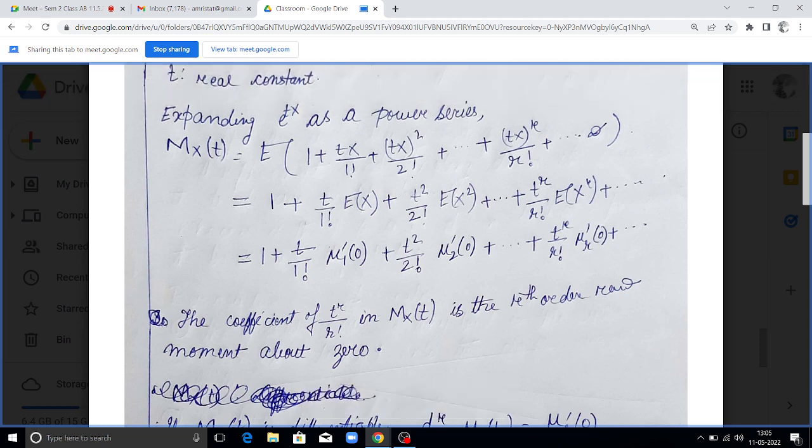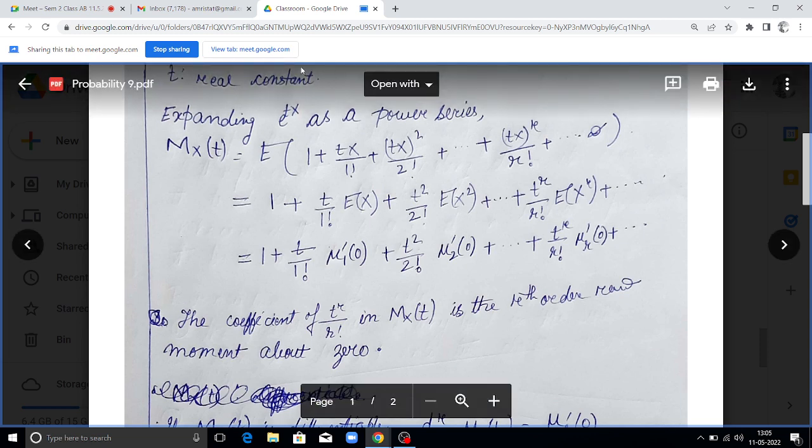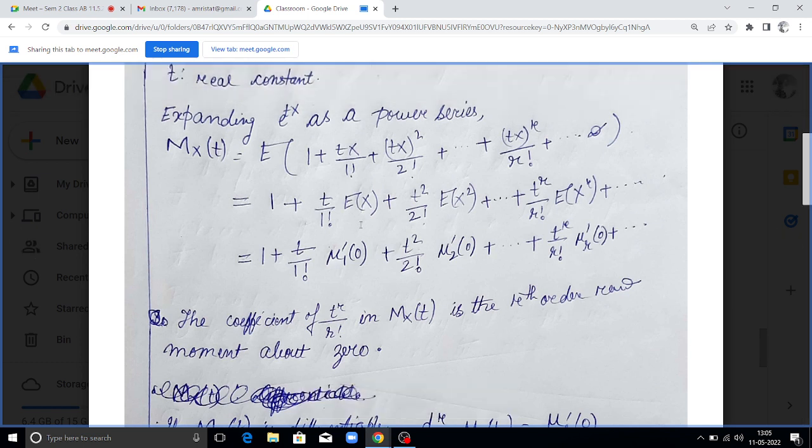So what I was talking about is expanding e to the power x as a power series, which is this. The last expression that we have obtained is expectation x square, expectation x to the power r. From the whiteboard we have just seen that expectation of x is nothing but the general mean.